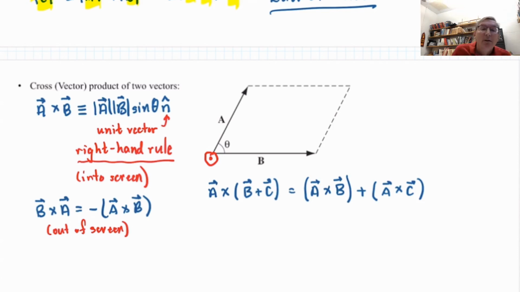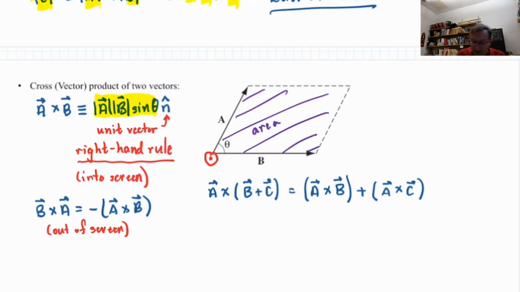Okay, here's the reason that little parallelogram is drawn. It's because the magnitude part of A cross B, which is this formula, magnitude of A times magnitude of B sine theta, is the area of the parallelogram formed by A and B. And that's because if you take, say, A sine theta, that's that length, perpendicular, and you multiply that by the length of B, that is the formula for finding the area of a parallelogram.